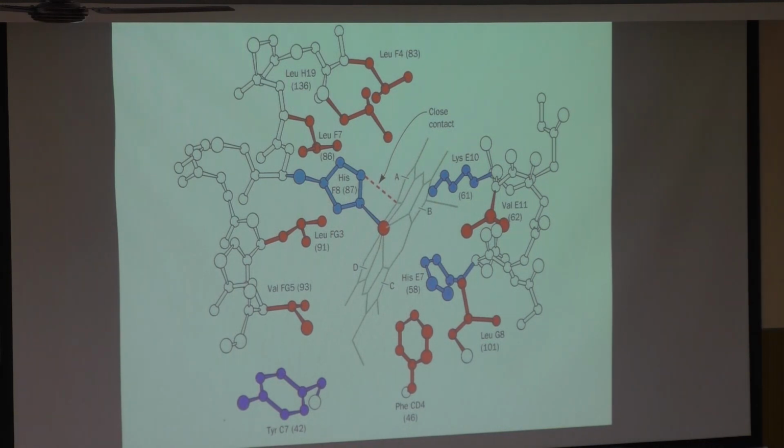So you know there is a heme part, you know there is a globin part. There are 4 chains, alpha 1, alpha 2, beta 1, beta 2. Each will have one heme part.